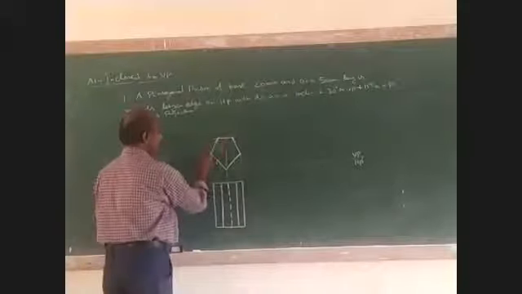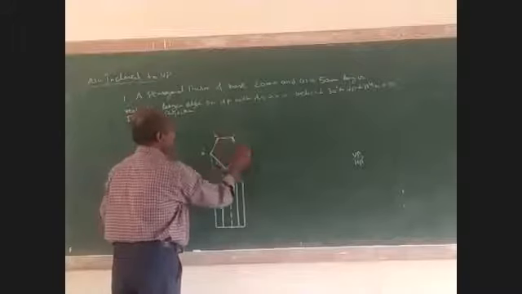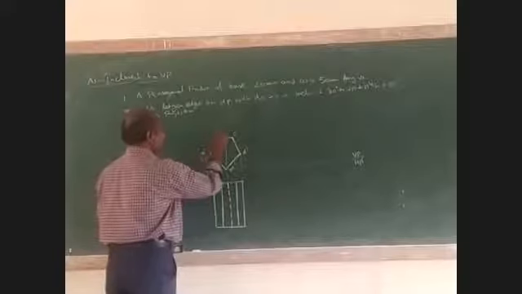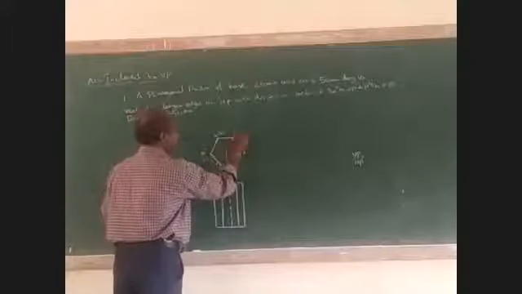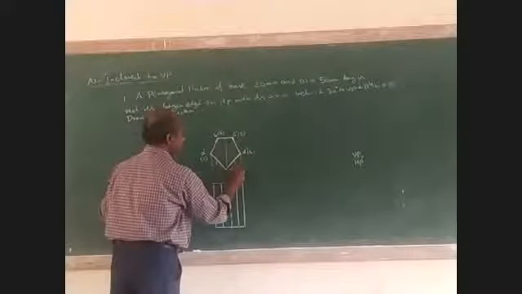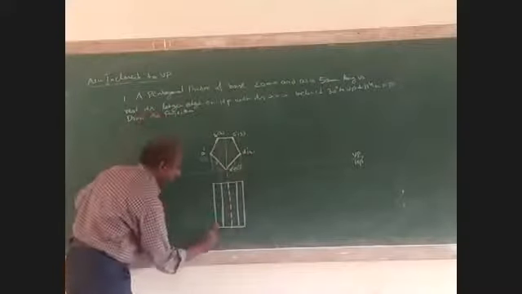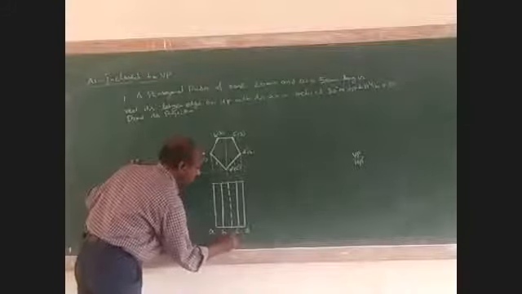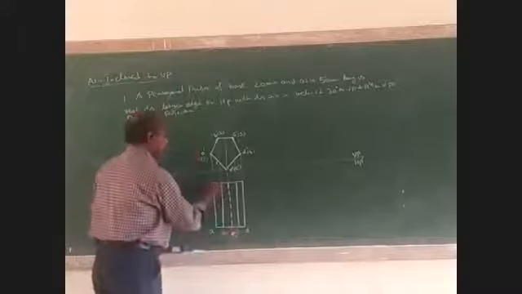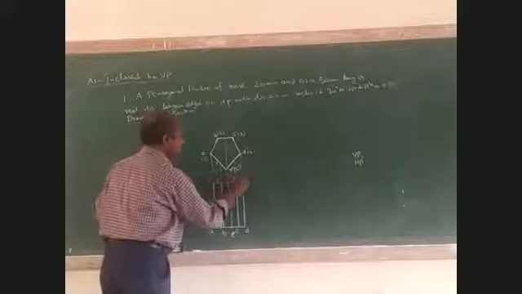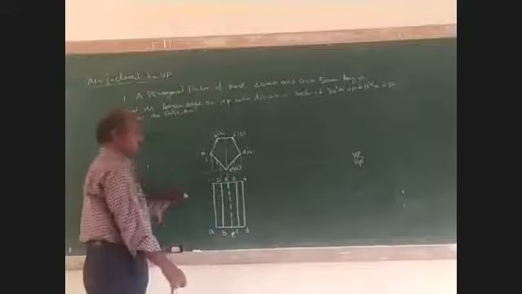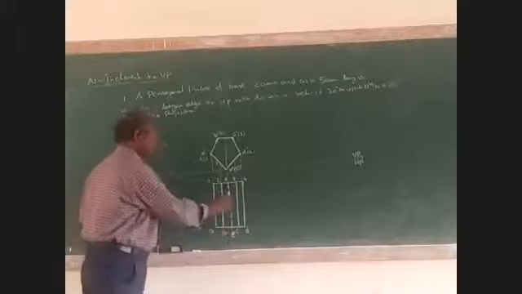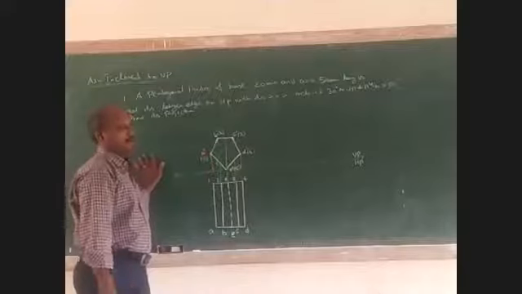Here you have to name them as A dash, B dash, C dash, D dash, E dash. The corresponding others are 1 dash, 2 dash, 3 dash, 4 dash, 5 dash. Here you have to name A, B, C, D, E, and here 1, 2, 3, 4, 5. Since it is on the back side, you have to note it. This is on the front side. And from here, you can draw all their edges.